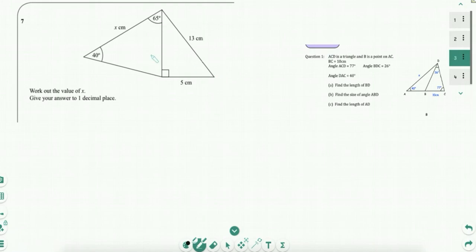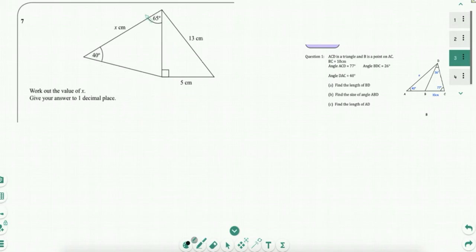All right, some a bit saucier questions now. Work out the value of x. So I see I have two triangles. I want to find x. Let's focus on this triangle here.